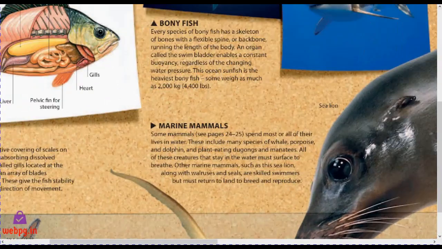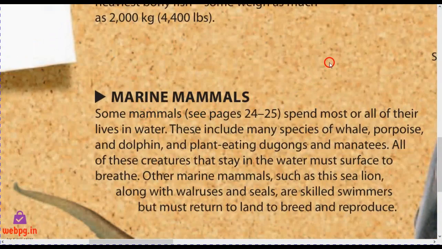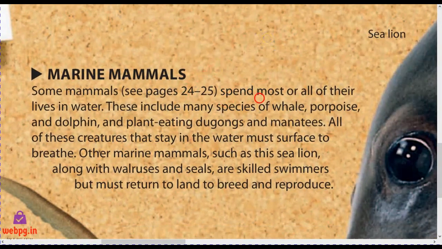Here are the marine animals. Some mammals spend most or all of their lives in water. Those include many species of whales, porpoises, dolphins, and plant-eating dugongs and manatees. All of those creatures that stay in the water must surface to breathe.